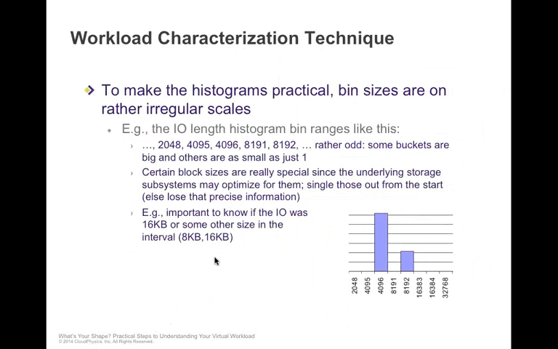And remember, the histograms are very, very efficient at representing distributions, and the VM kernel and ESX is extremely efficient. But what happens to allow them to be efficient is that they only record ranges.